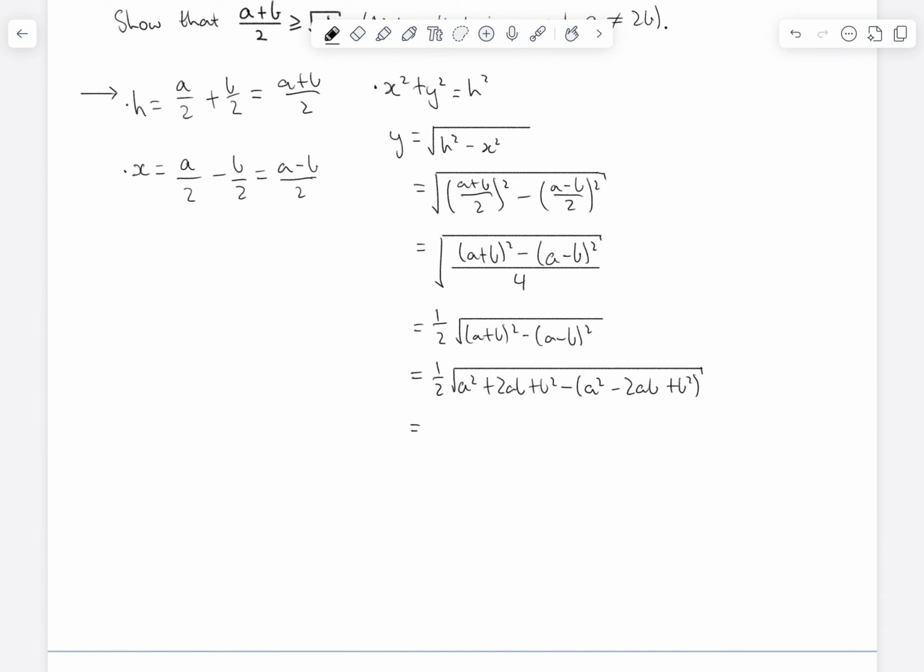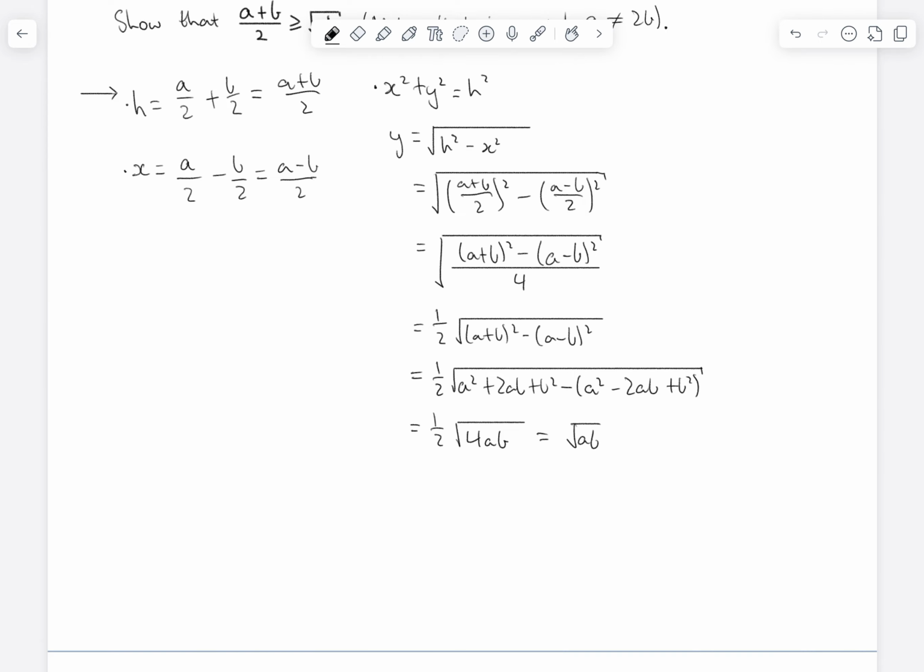And notice that the squared terms cancel out, and we're left with half the square root of 4ab, which is just the square root of a times b. Okay, so we have an equality here.